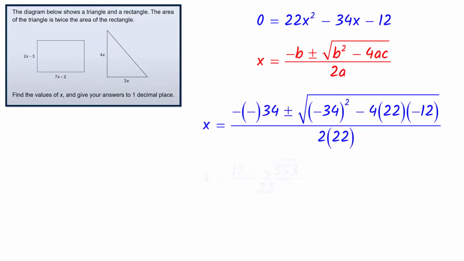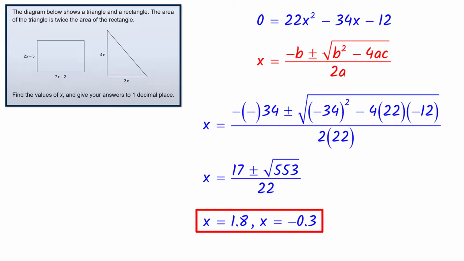And this gives x is equal to 17 plus or minus the square root of 553 divided by 22. So putting this into a calculator gives x is equal to 1.8 and x is equal to minus 0.3 to 1 decimal place. Okay, let's look at one final example.